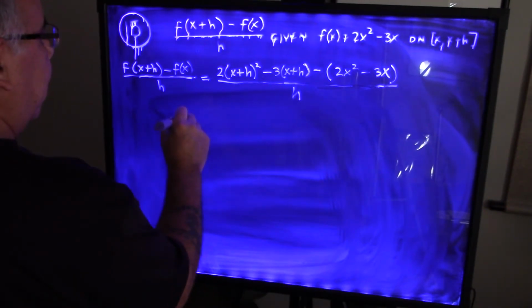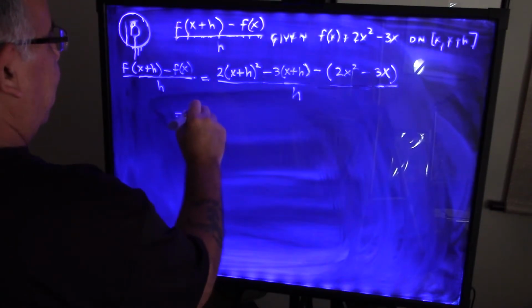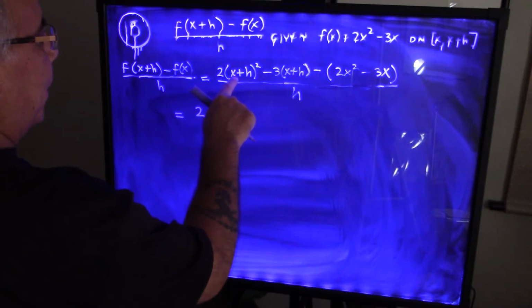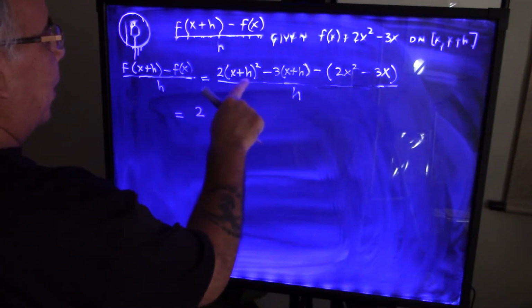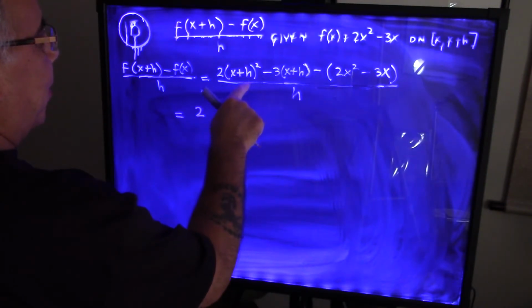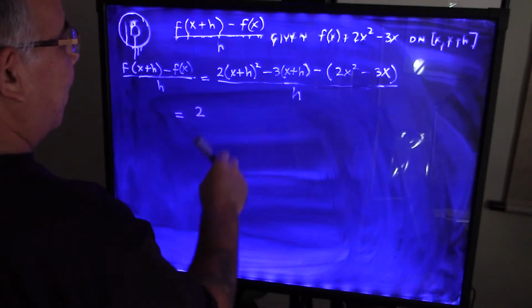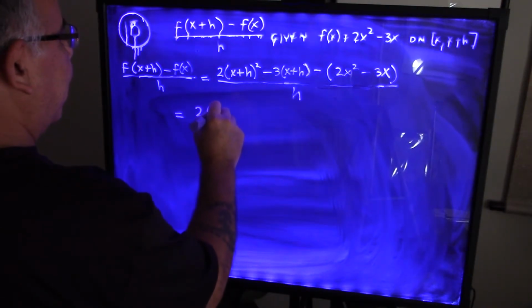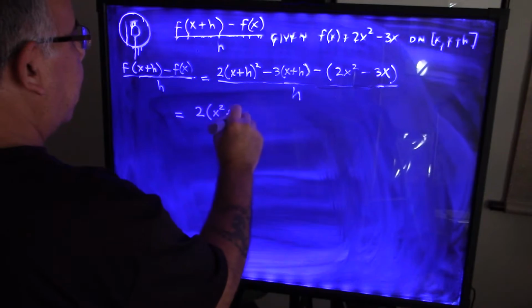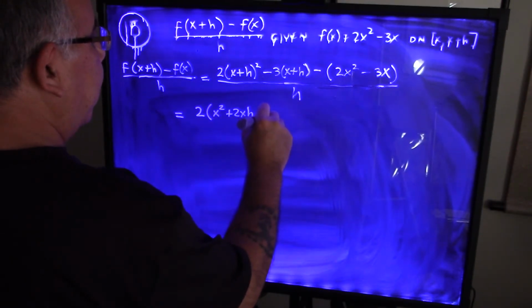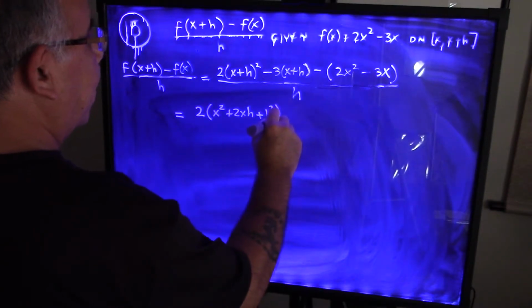Again, order of operations, you expand this, you square it first, and then you multiply the 2. Don't go 2x plus 2h and then square it. So you've got 2 parentheses x squared plus 2xh plus h squared.